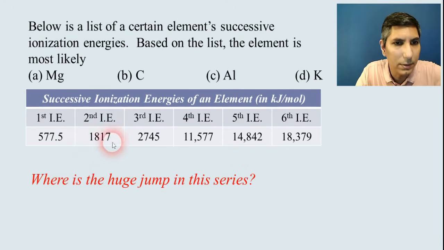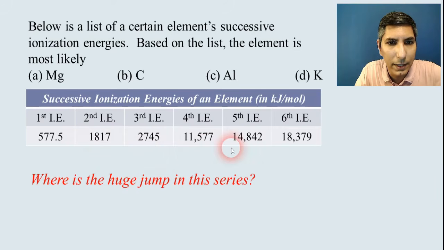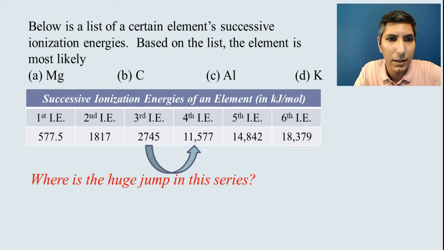Can you look at this table here and see where the huge jump is? Do you see that it's from the third to the fourth? Right there? It goes up by, what is that? Well over 4 times, I believe. Almost 4 times, anyway. These others are not nearly as large of a jump in magnitude.